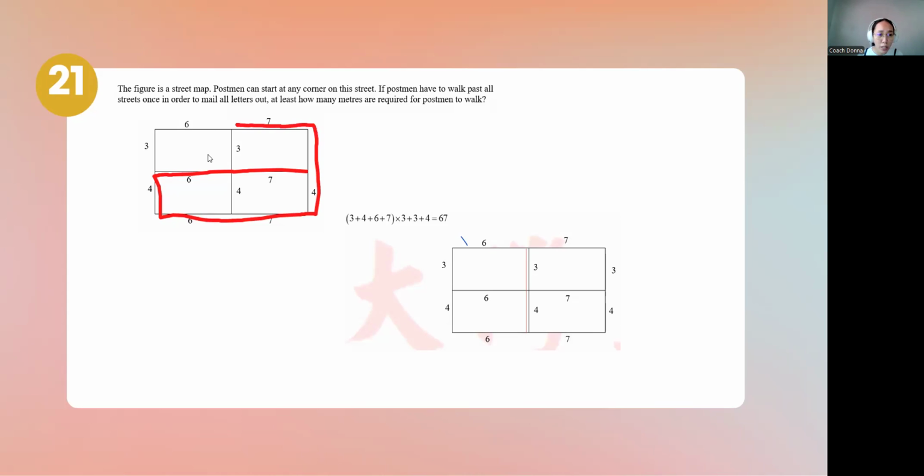Let's pass through the smaller ones first. Here, going up here, and then here, and then here, and then here. If we go through 4 and then 6, that would make it a big number.